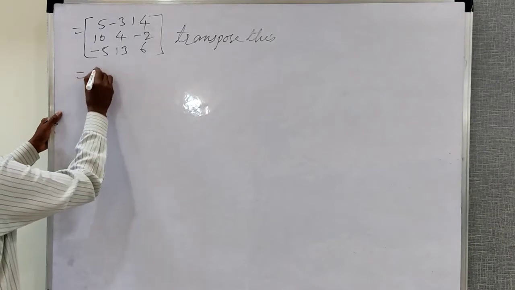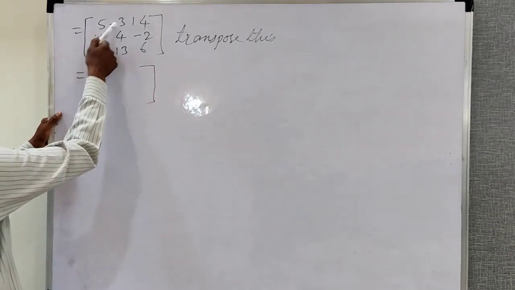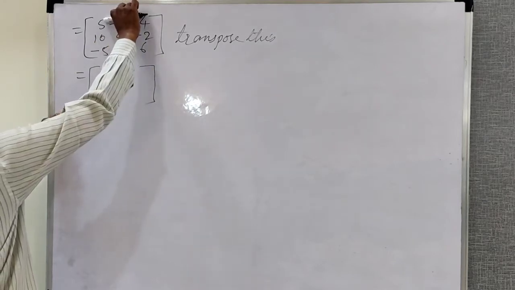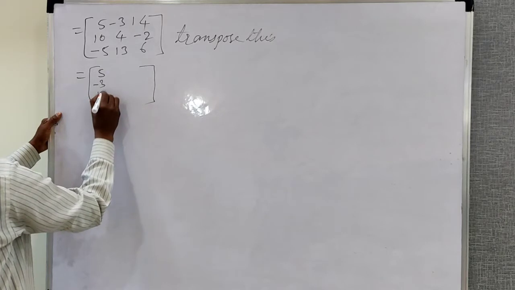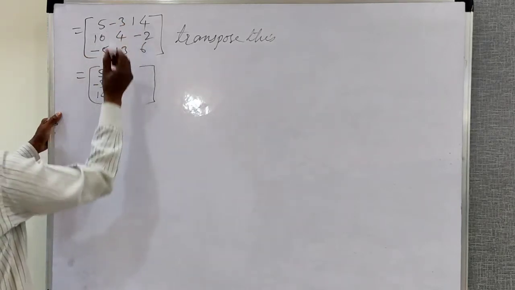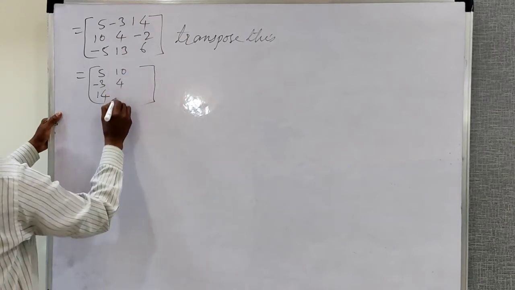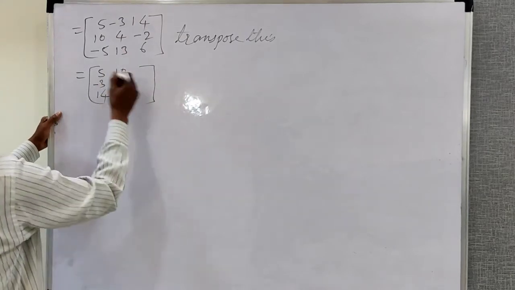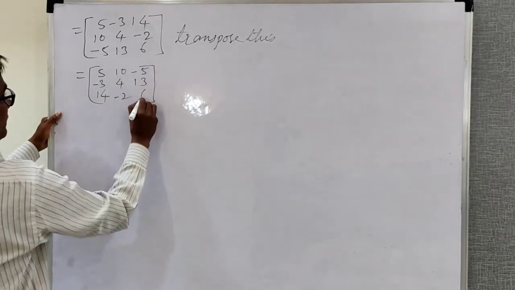So transpose is 5 minus 3 14, the elements of row, so write down as columns. 10 4 minus 2 row, write down as column, and minus 5 13 and 6.